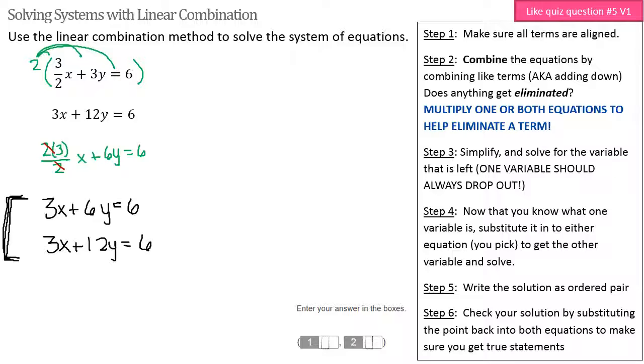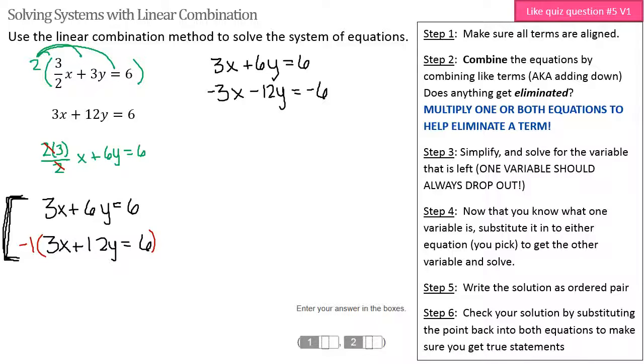So let's see, can we eliminate anything right away just by adding straight down? We can't, but if we multiply one of the equations, either one, by -1, we'll notice something. We have 3x plus 6y is equal to 6, and on the bottom equation, we get -3x minus 12y equals -6.